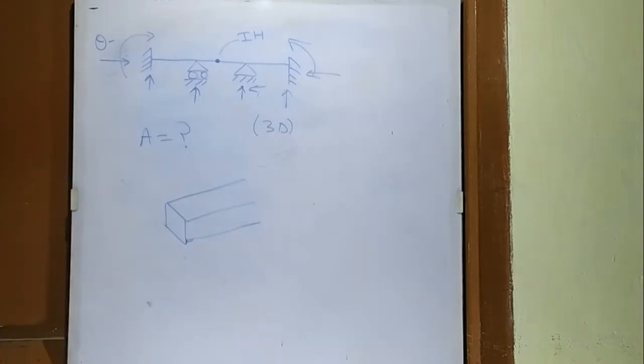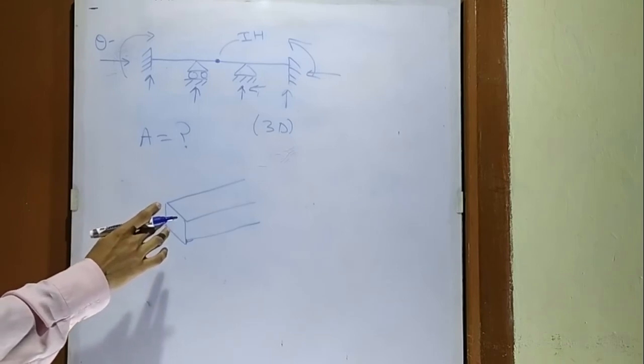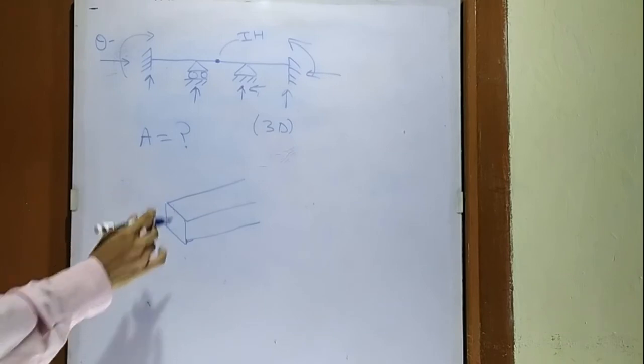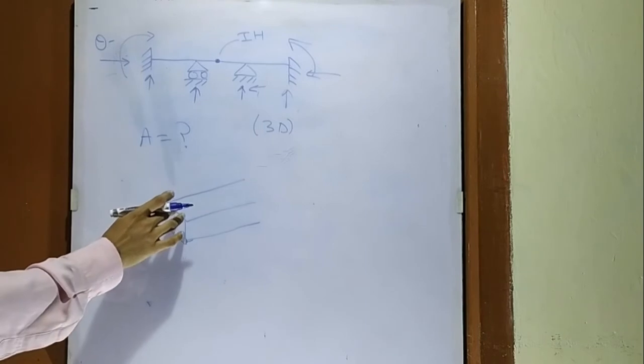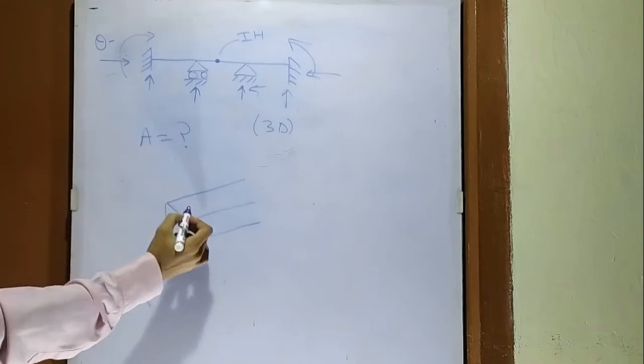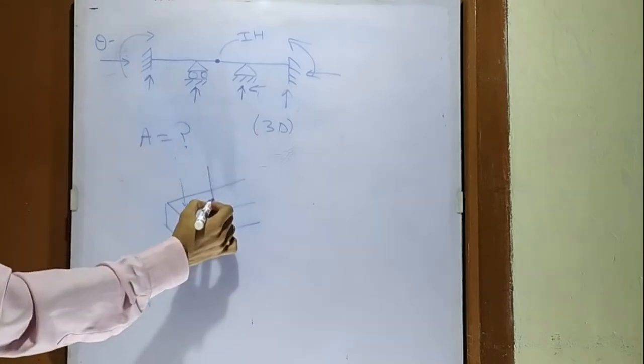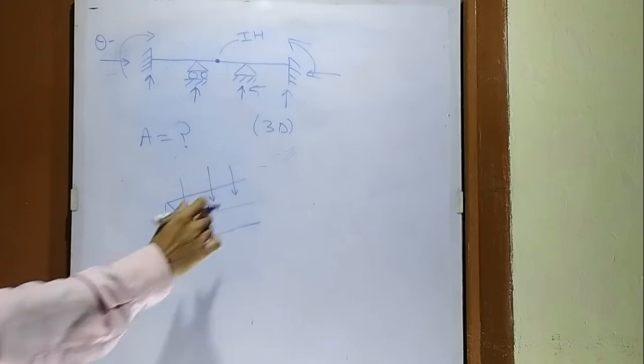Now in 3D, what are the different types of loading which may act? Generally we consider only transverse loading, like a point load or maybe uniform loading.